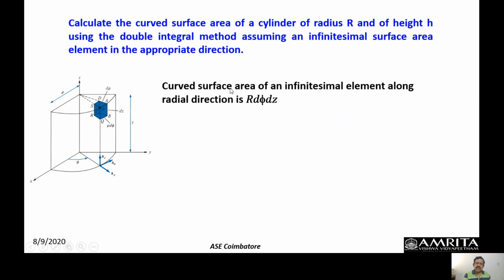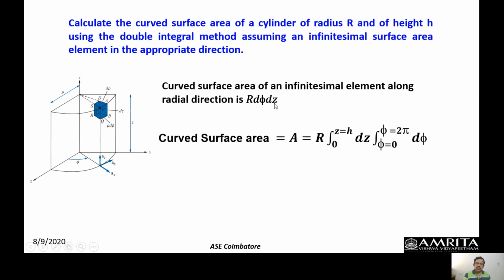Because the radius is constant, I took the given radius as capital R here, and that will be out of the integral because the radius is constant. I have to integrate these d phi and dz variables with the suitable parameters. Here is how it is done. I show it, the height of the cylinder being h. So I have to integrate from 0 to h for the z variable, and for the phi, we know that the azimuthal angle takes the limit from 0 to 2 pi.